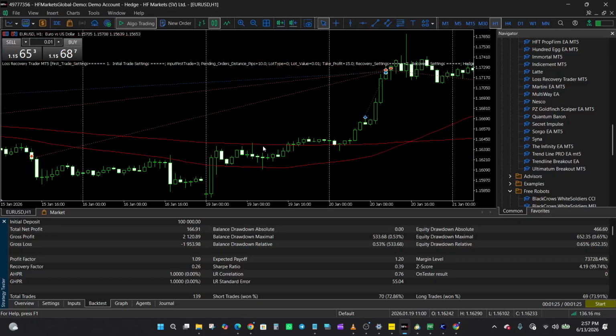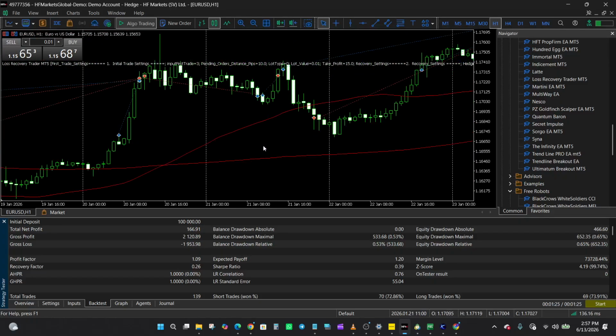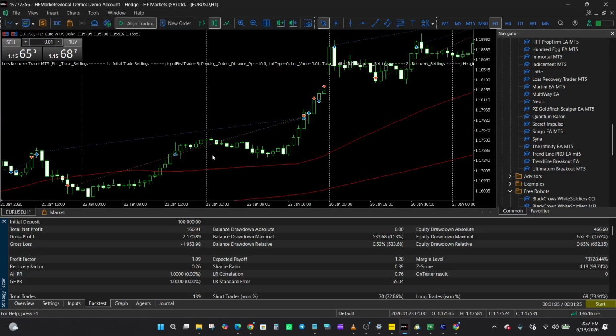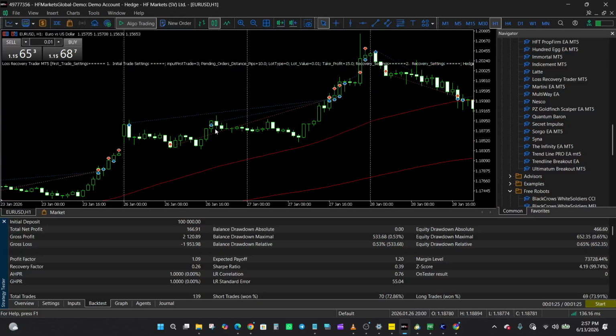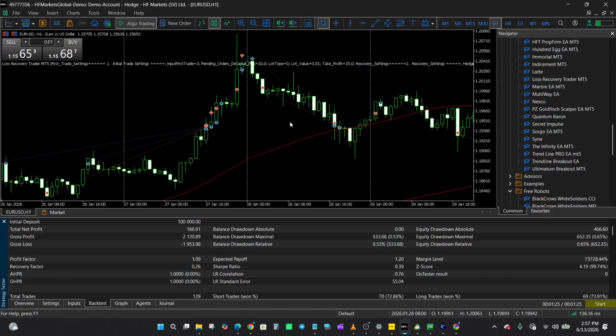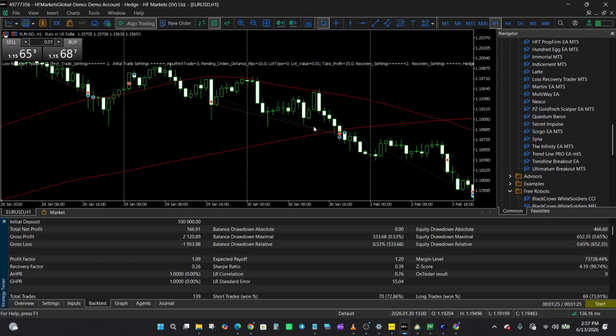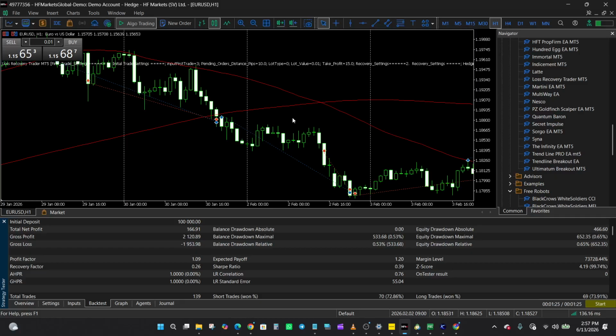Looking through the historical chart behavior, you might often identify clusters of trades forming around the recovery levels described in the documentation. The developer explains that the EA continues managing these positions until one of the predefined exit levels is reached, at which point the entire recovery sequence can be closed.